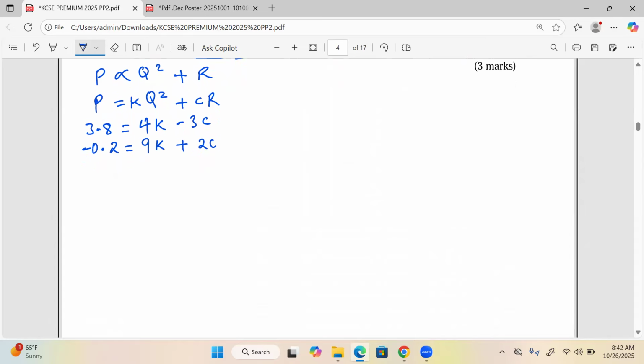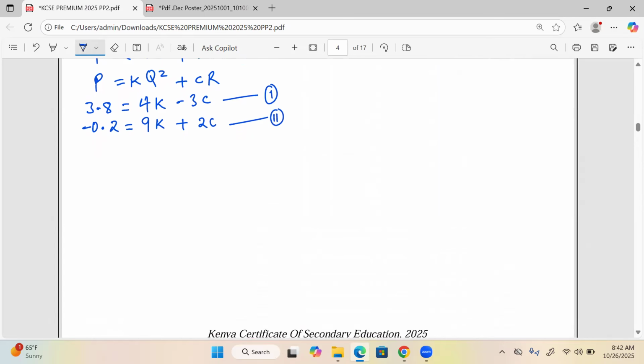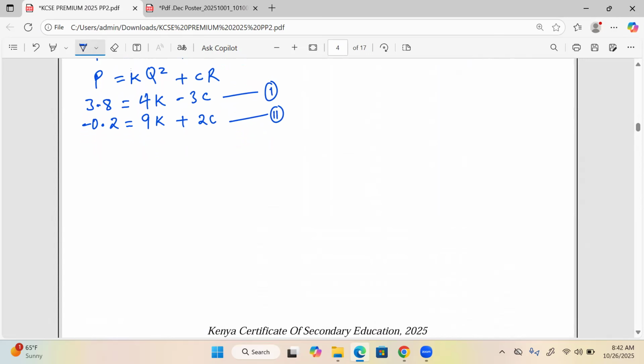We can use a variety of methods of solving simultaneous equations. This is equation 1, this is equation 2. Allow me to prefer the substitution method. We can have 2C there, then we have -0.2 minus 9K.